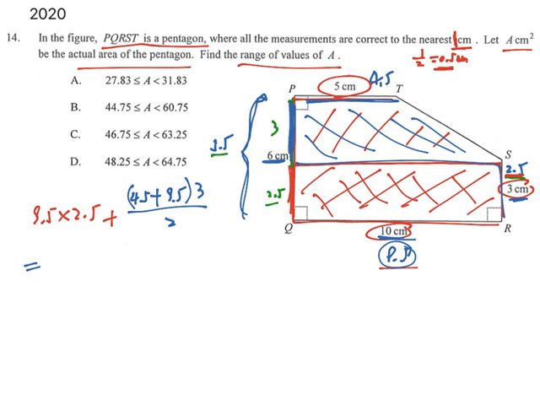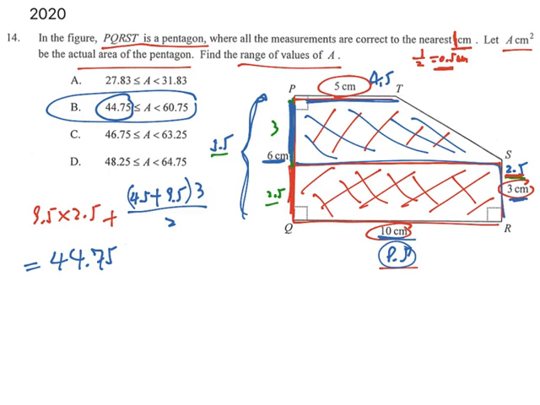After you calculate by calculator, it is 44.75. So you can see from the question, only one option has minimum 44.75, so we can conclude the answer is B.